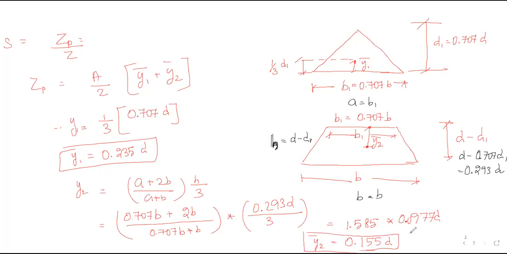So substitute this into ZP. Whereas A value is half into breadth into depth. Therefore ZP becomes half into B into D divided by 2 into Y1 bar.